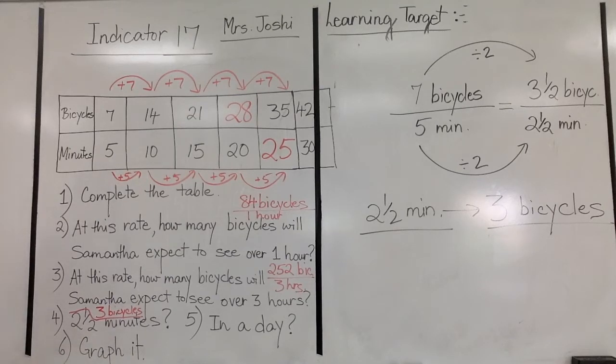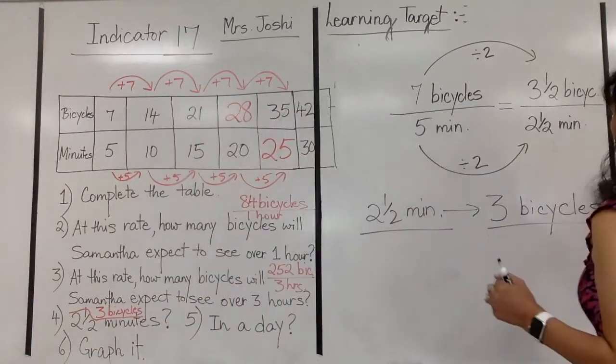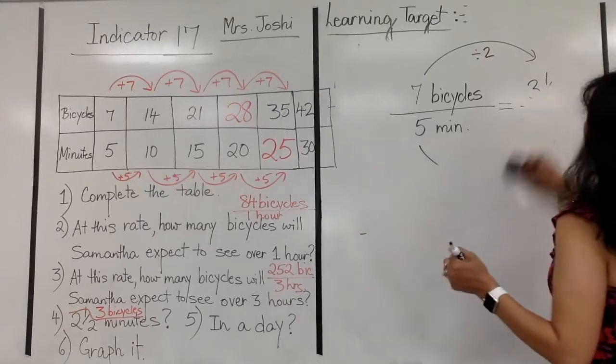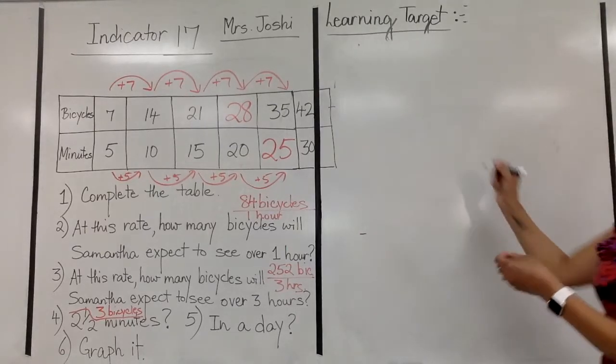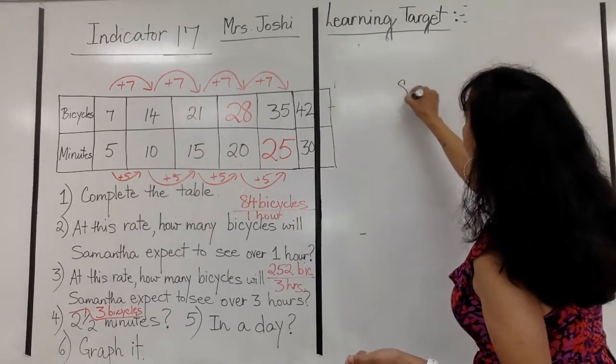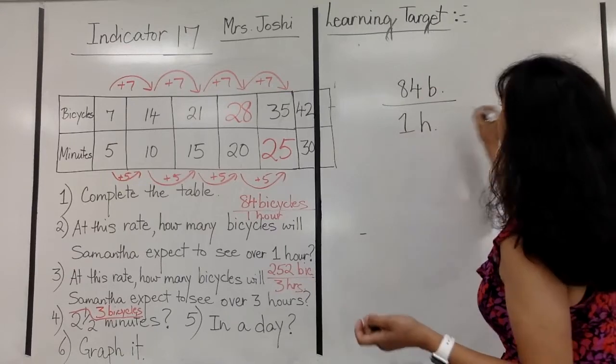And then in 1 day, so we know that in 1 hour, we had 84. Okay, so let me erase this. So in 1 hour, we had 84 bicycles in 1 hour.